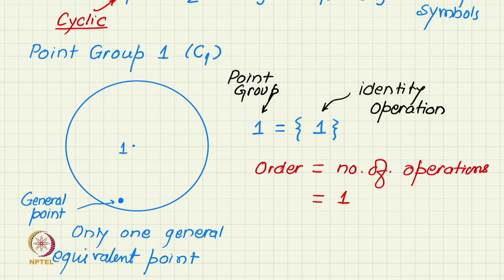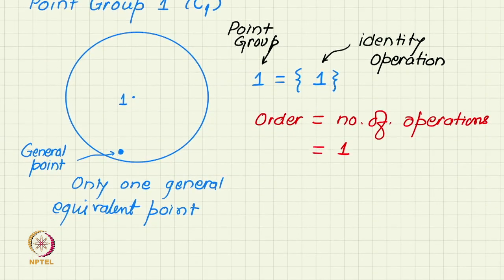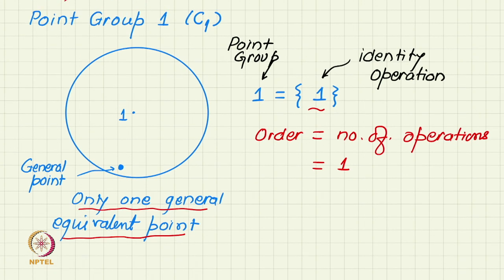You can see here also that there was one general equivalent point and there was one operation in the group. The number of general equivalent points and the number of operations will always be equal. This is a trivial example where both of them are 1, but we will see as we go along that this number will be the same for all the groups.